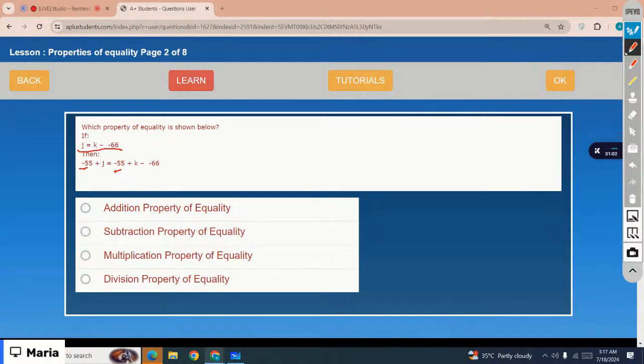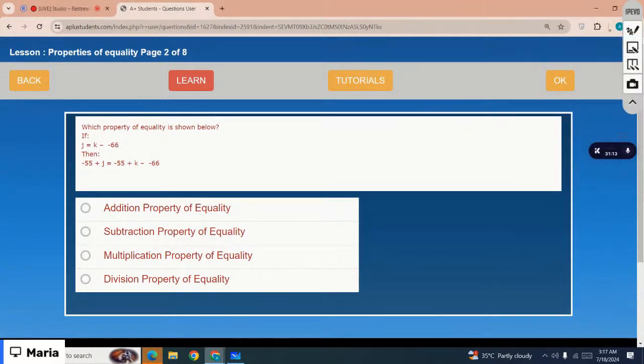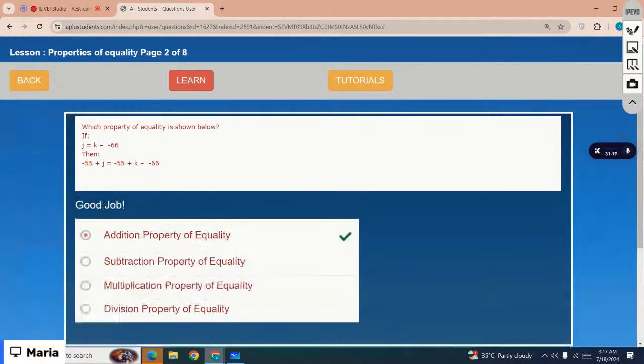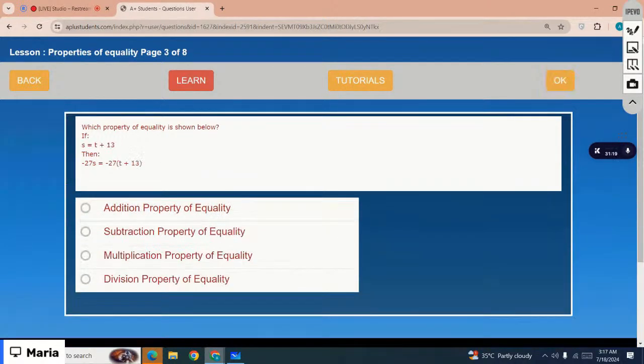Okay, so let's move on to the next question. Which property of equality is shown below? If s equals t plus 13, then negative 27 times s equals negative 27 times t plus 13.